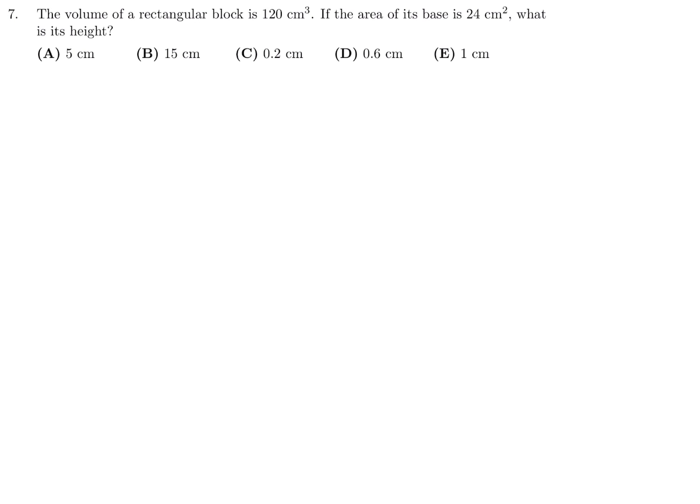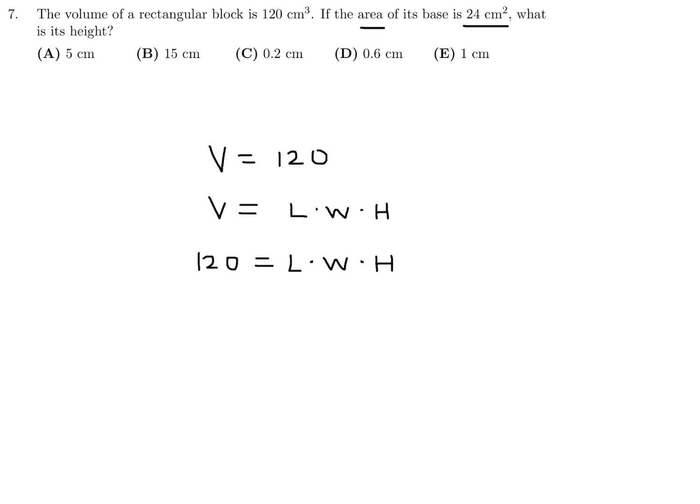The volume of a rectangular block is 120. If the area of its base is 24, what is its height? They tell you that the volume is 120. Now the volume, in terms of a formula, is length times width times height, and that is 120. Now they tell you also that the area of the base is 24.